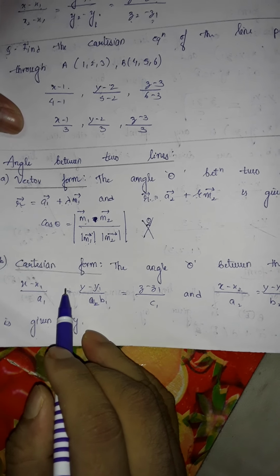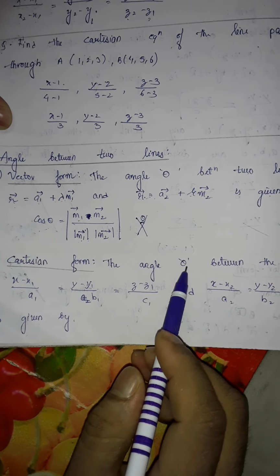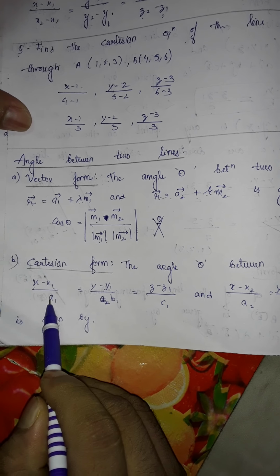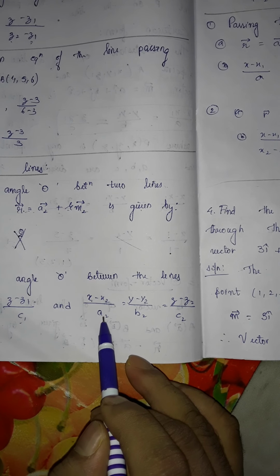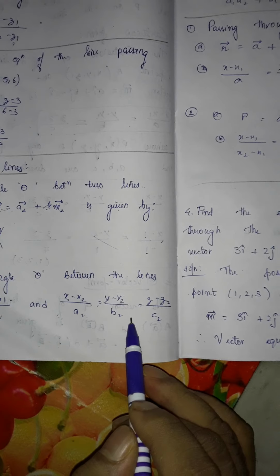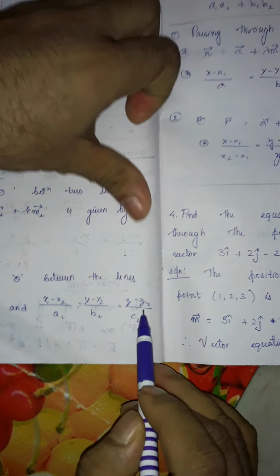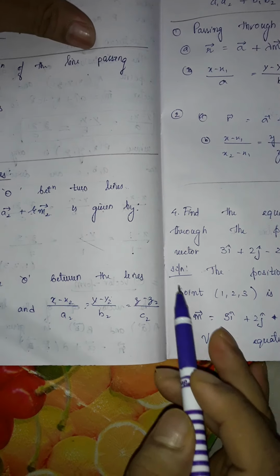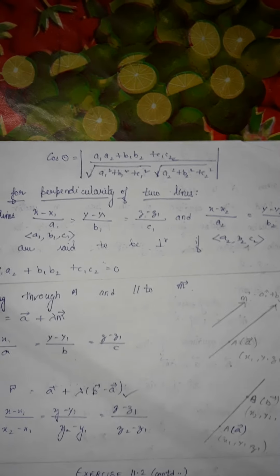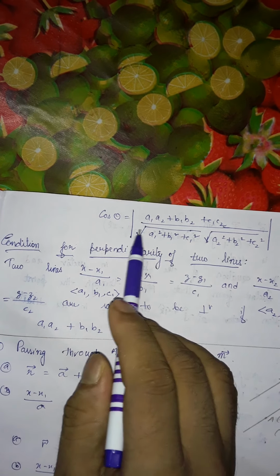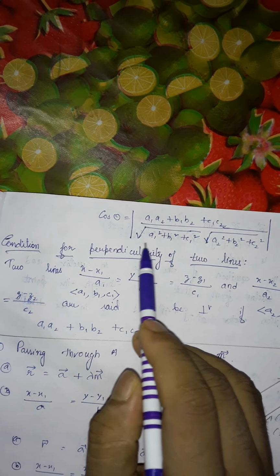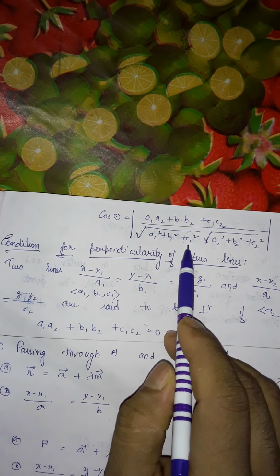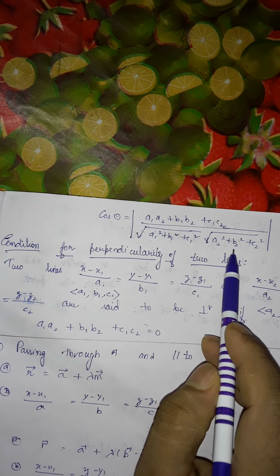Then Cartesian form to find the angle between two lines. The angle theta between two lines, x minus x1 by a1 is equal to y minus y1 by b1 is equal to z minus z1 by c1, and x minus x2 by a2 equal to y minus y2 by b2 equal to z minus z2 by c2, is given by cos theta equal to modulus of a1 into a2 plus b1 into b2 plus c1 into c2 divided by root a1 square plus b1 square plus c1 square into root a2 square plus b2 square plus c2 square.